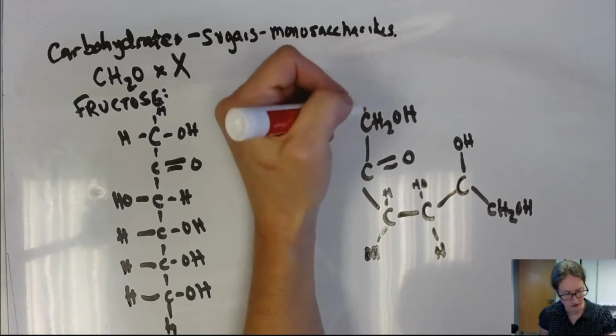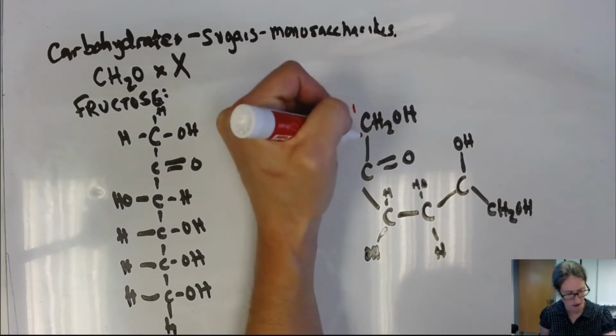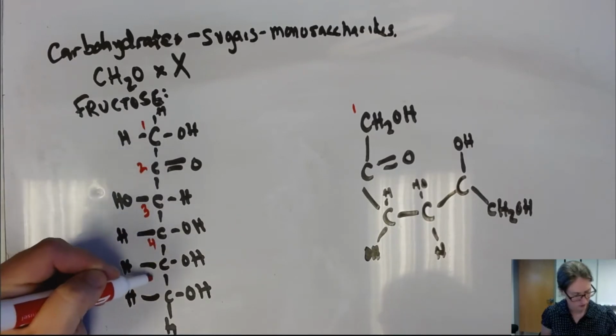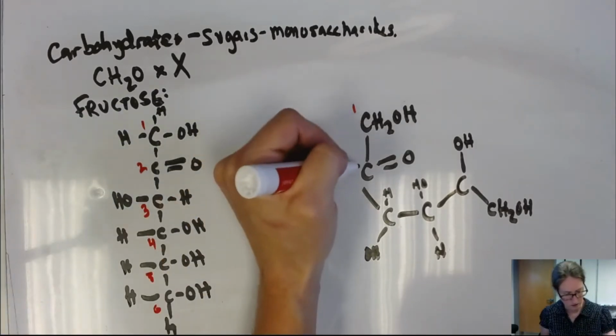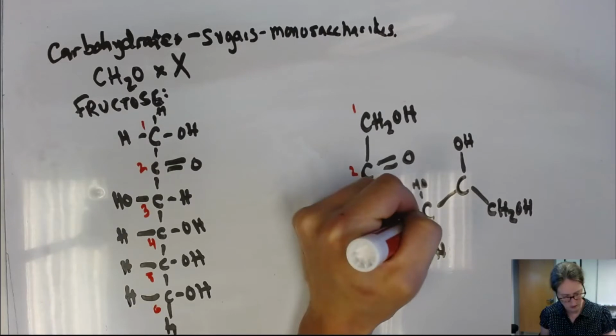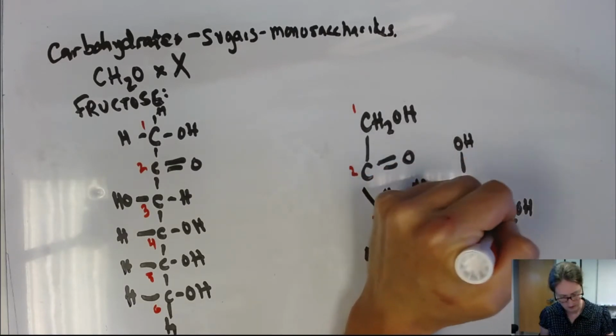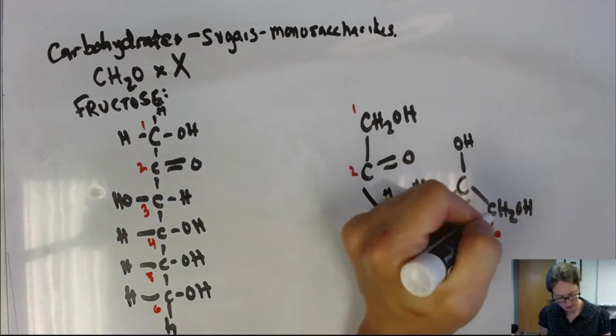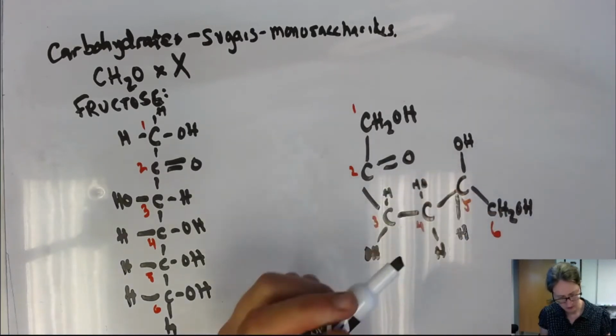Okay, so here's what I start off with. And in this case, here's carbon 1, right up here. 2, 3, 4, 5, 6. It's carbon 1, 2, 3, 4, 5, 6. Oops, and I left a hydrogen off of carbon 5.